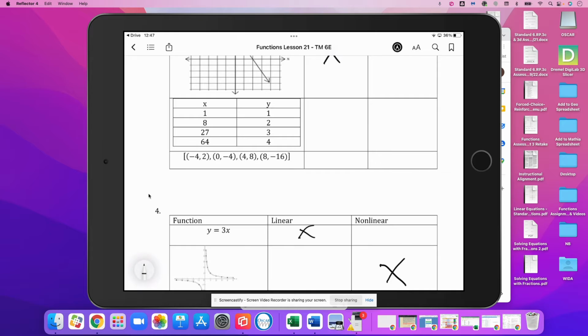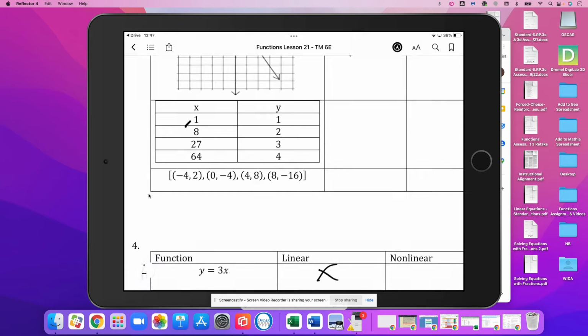We've got a slope here of 7, increasing by 7, increasing by 19, increasing by, I don't even know what that is, 37. And over here we are increasing by 1, by 1, by 1.